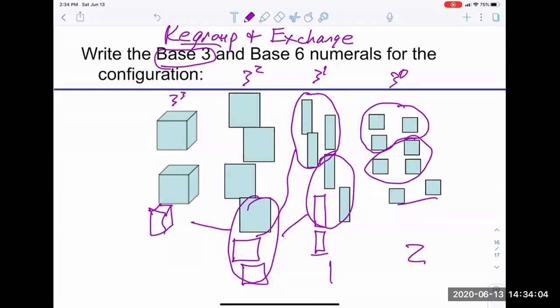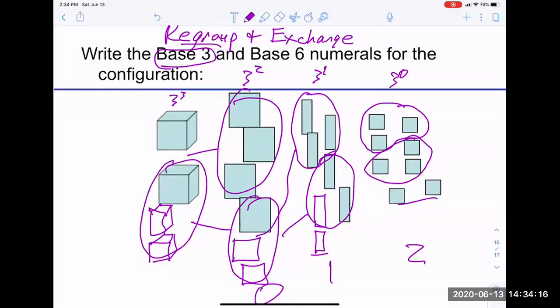I'm not so good at drawing. I have another one, so I get another one over here. So I have 0 left over. Now, I have 3 of these that can regroup. I can't draw in 5 dimensions, but I know it's a 1 with 1 remaining there. So my base 3 numeral for this mess is 1, 1, 0, 1, 2, base 3.